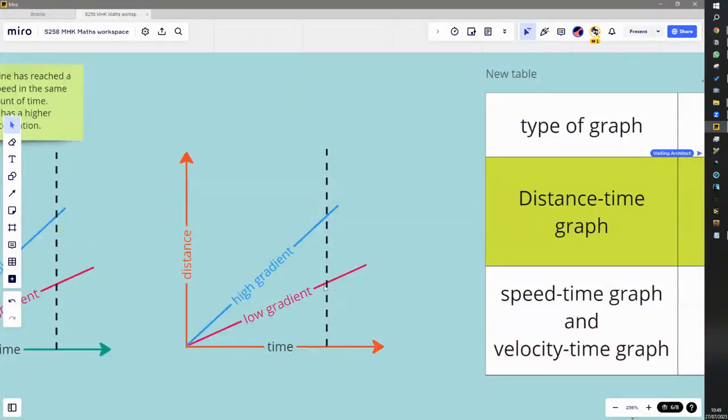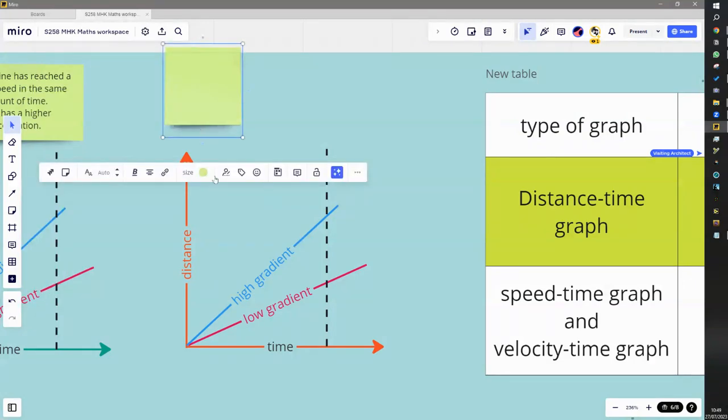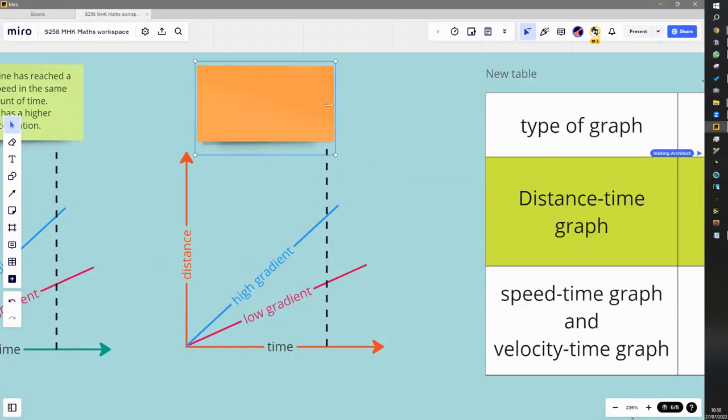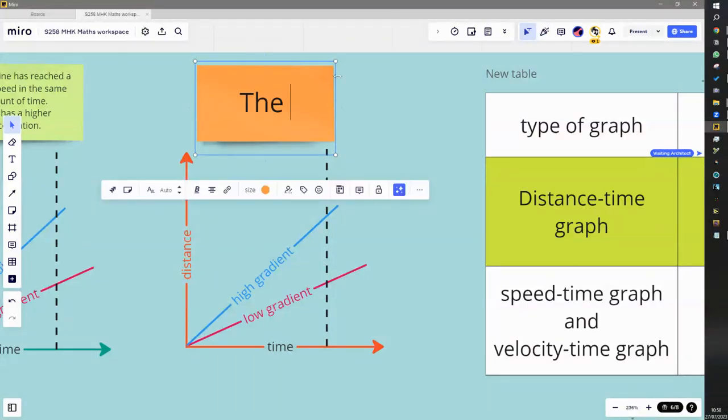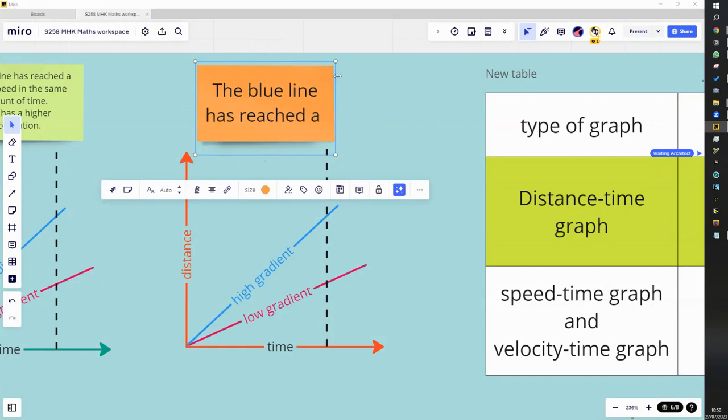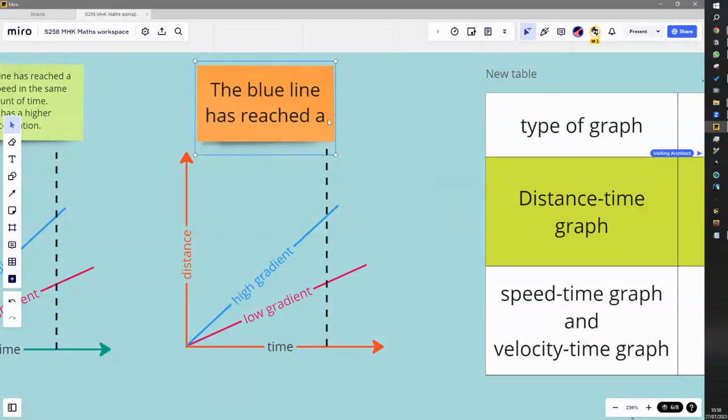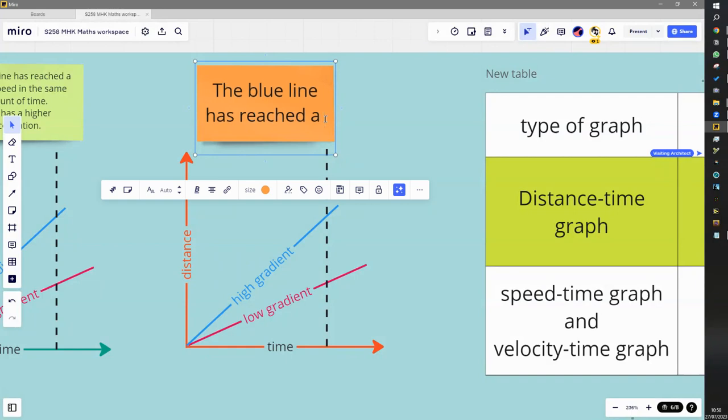The pink line has reached a much lower distance than the blue line, and so what we can say is that the blue line has reached a higher distance in the same period of time.